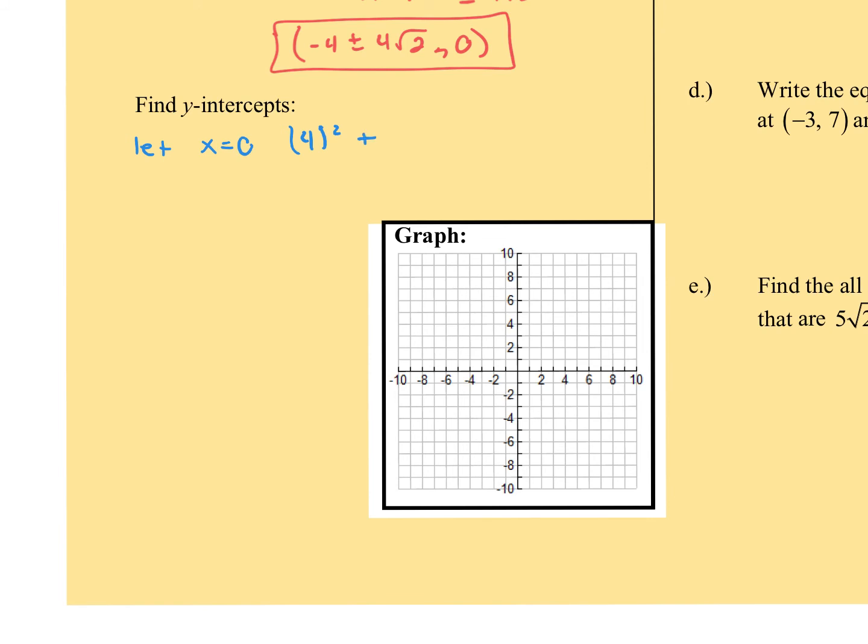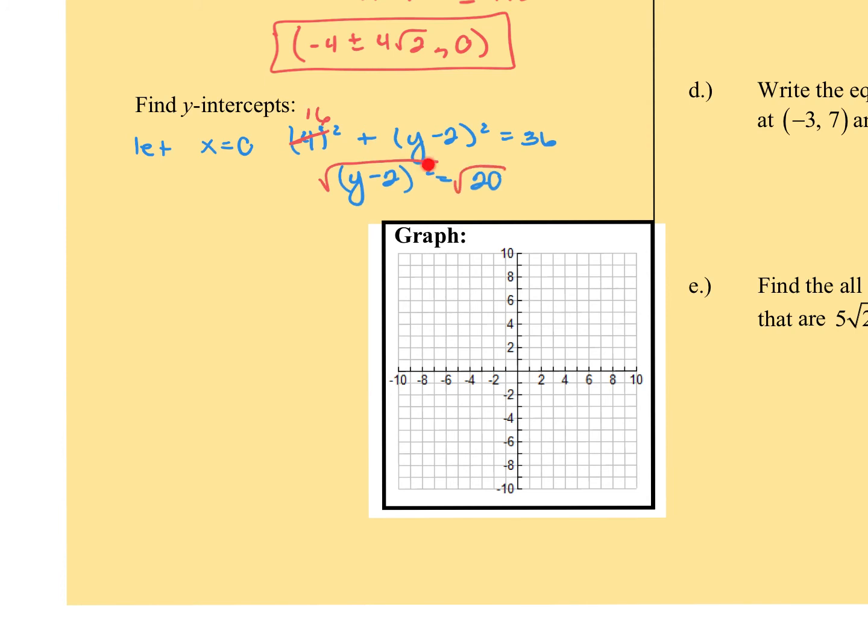You probably have it right in front of you still. Then I'm going to have a (y - 2) quantity squared equals my 36. Again, that 4 squared is going to become a 16, so I can subtract that from each side. On the next step, I'm going to get a (y - 2) quantity squared equals my 20, already ready to set up by square roots.